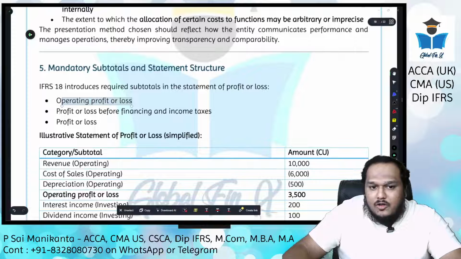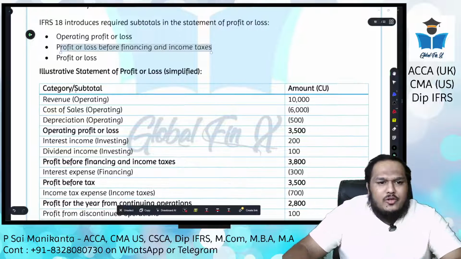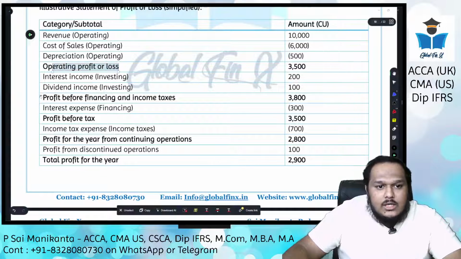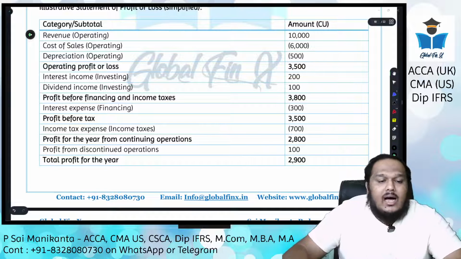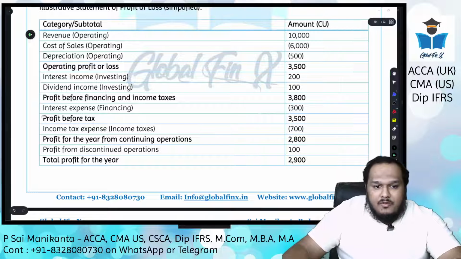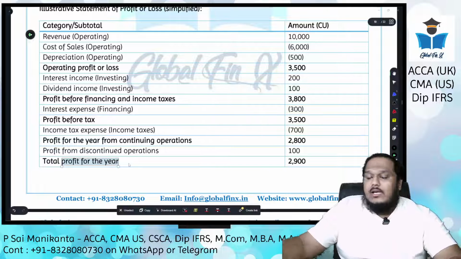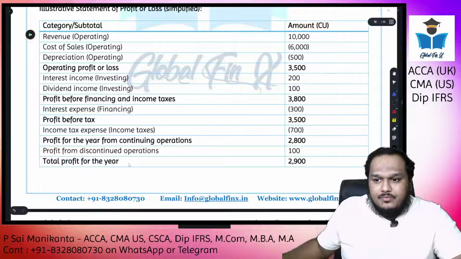Operating profit, profit or loss before financing and income taxes, after investments. Then profit before taxes, profit for the year from continuing, total profit for the year.